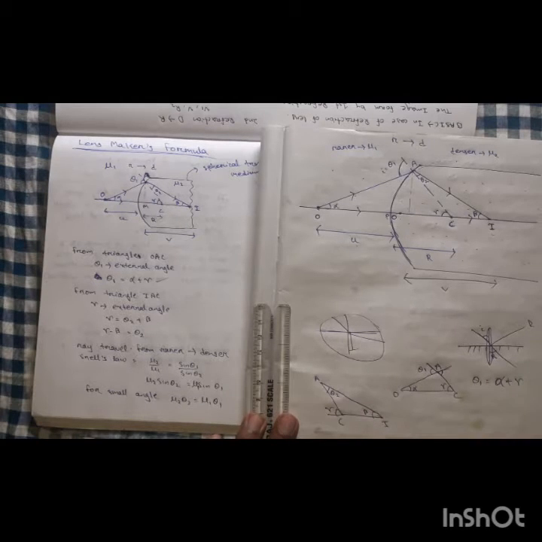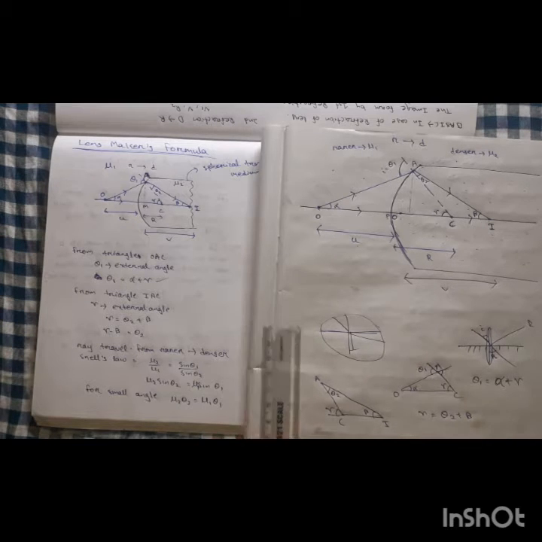Similarly, by the same concept, the outer angle equals the sum of the inner angles, so gamma equals theta 2 plus beta. If I want theta 2, then it is gamma minus beta.